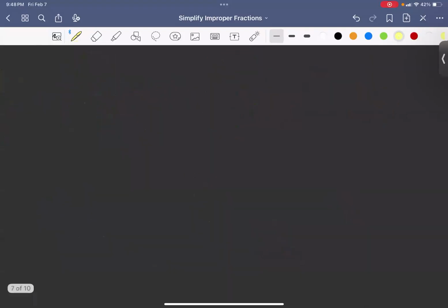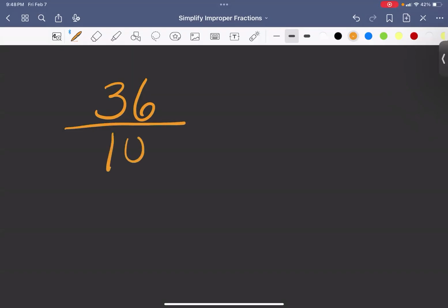Let's say we have 36 over 10. How many tens can go into 36? So 10, 20, 30, 40.